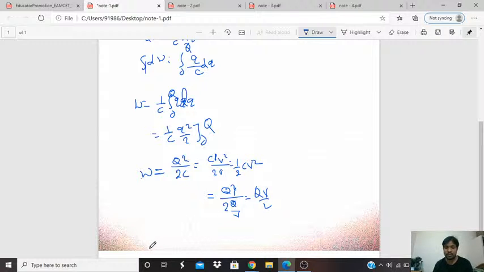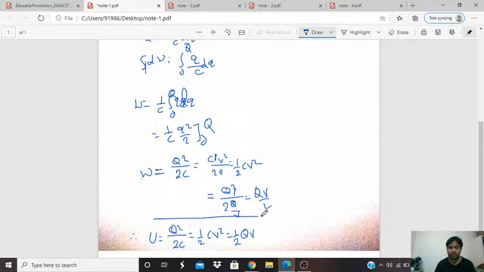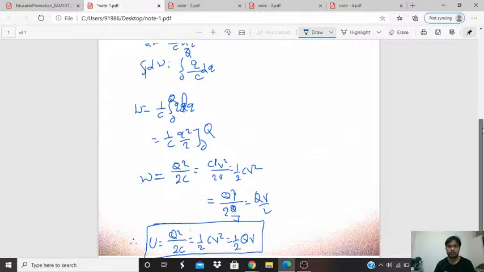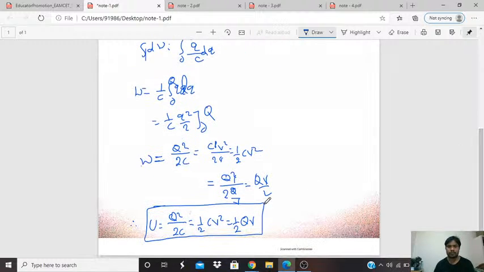So this work done is stored as nothing but energy. That is Q square by 2C, or half CV square, or half QV. This is the energy stored in capacitor.